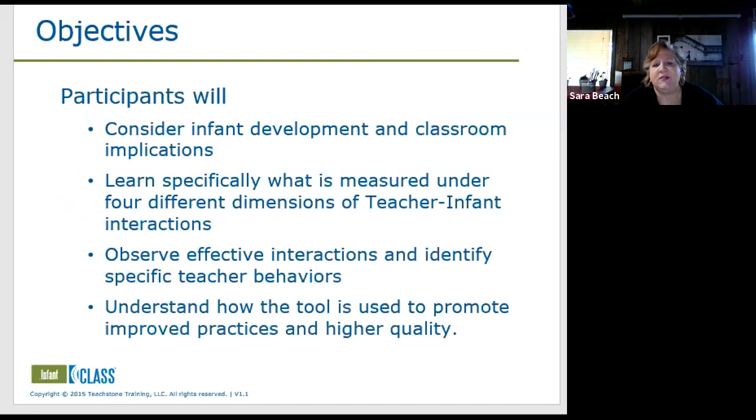Our objectives are basically that you will consider this tool in relation to how it promotes infant development, what the implications are for infants' growth and development, whether it's emotional, social, cognitive, or physical development.